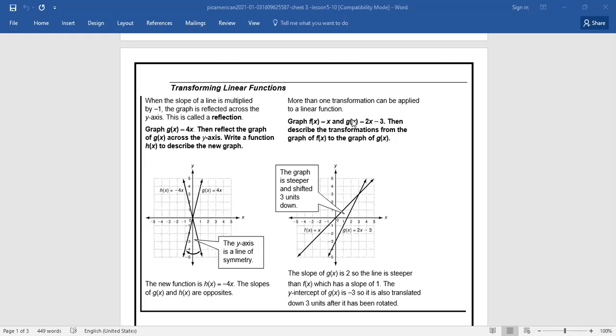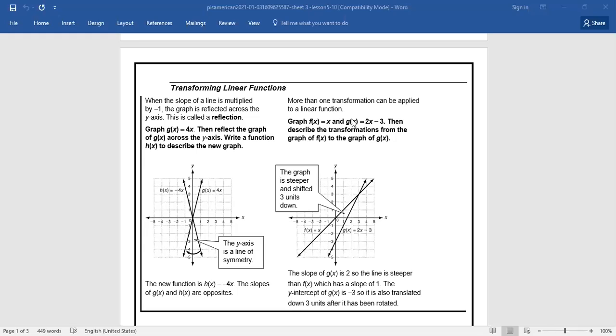First, we compare the two slopes. Second, the y-intercept for the first function was 0, and for the second function was -3, which means the line shifted down how many units? 3 units.